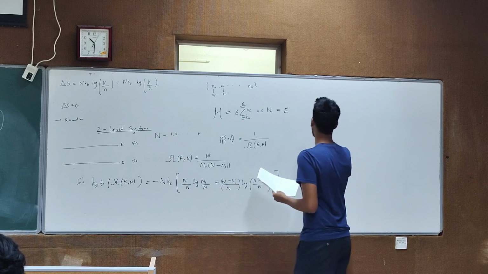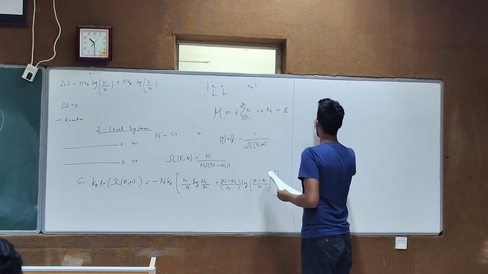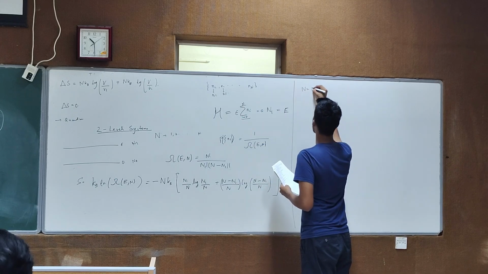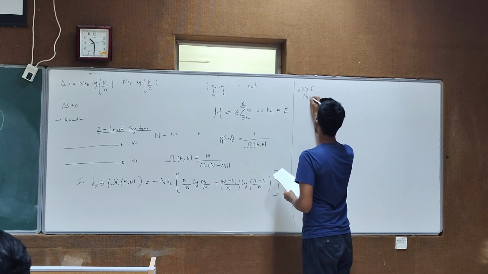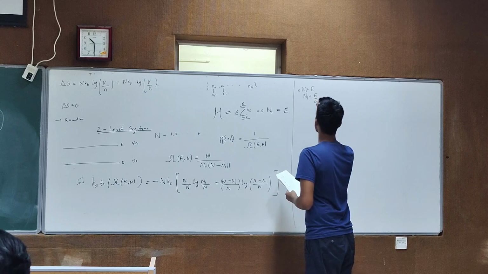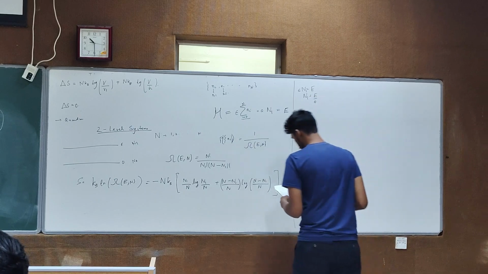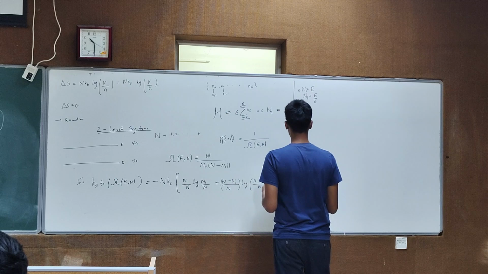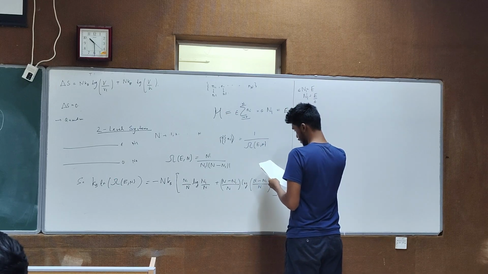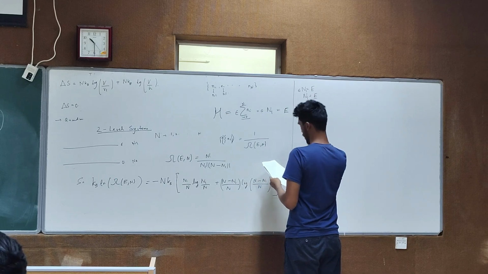And we know that epsilon n1 is equal to E. So I can write n1 as E by epsilon, and I'll just substitute that over here. So S(E, N) gives this.